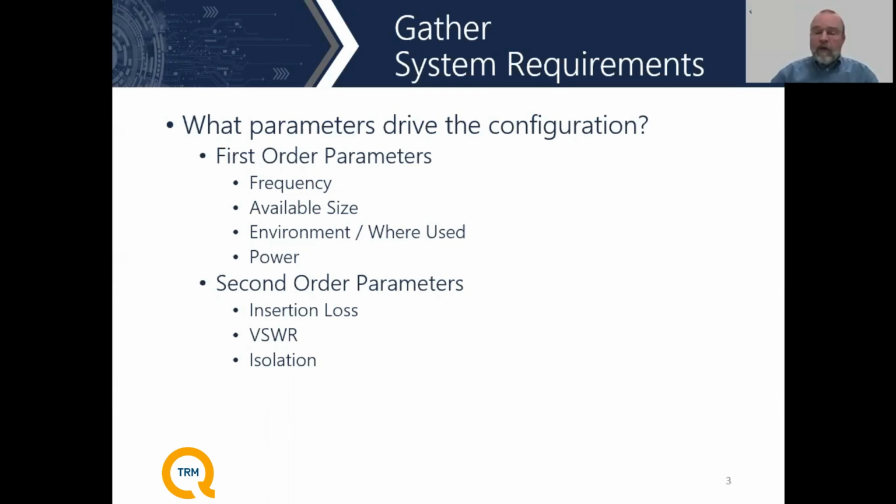How much available size? What sort of packaging requirements? What sort of environment will the divider need? As well as power. These are all things that really affect the overall packaging that the power divider will require. And these are actually really critical items to understand up front, as far as what frequency it's going to operate at, and then what sort of packaging is required to fit in the system.